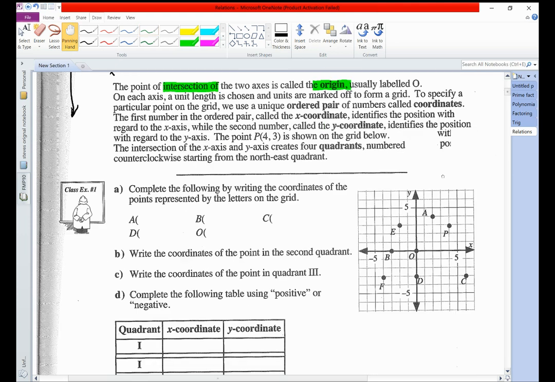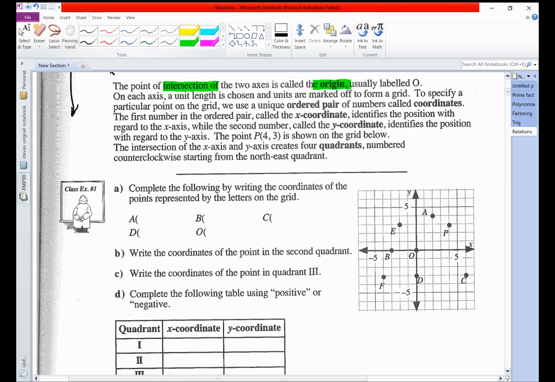So if I scroll up here, you can see they have a great example of a graph below. The horizontal axis is normally called the x-axis, and the vertical axis is the y-axis. And you can see they actually have values.